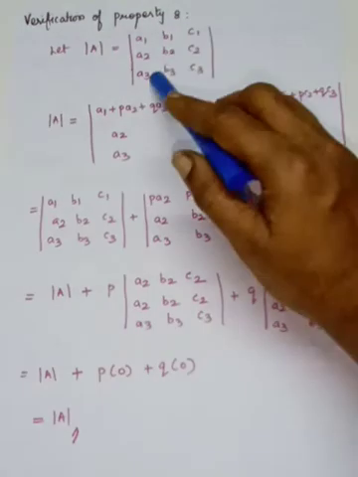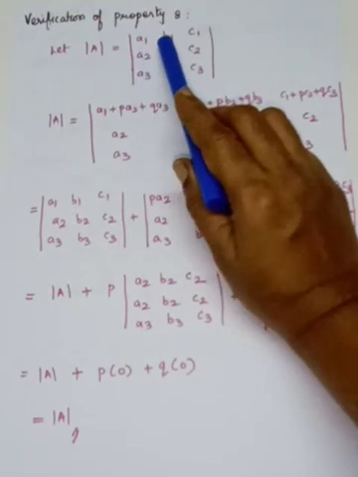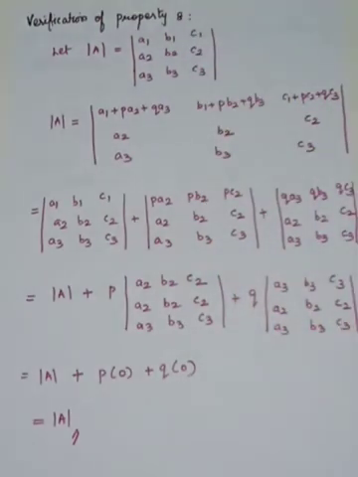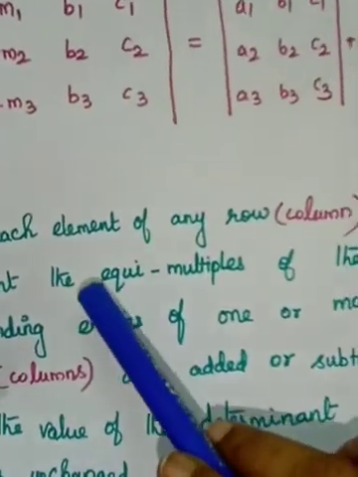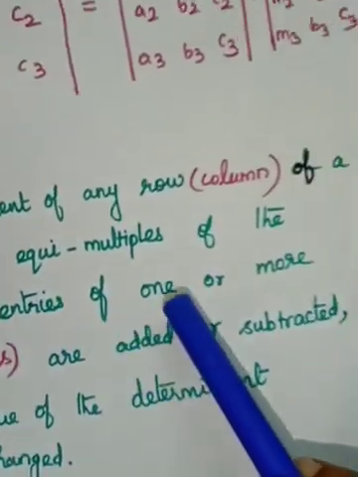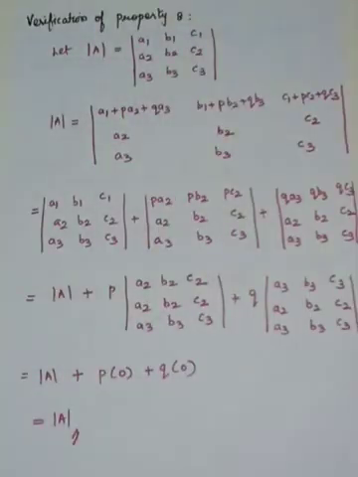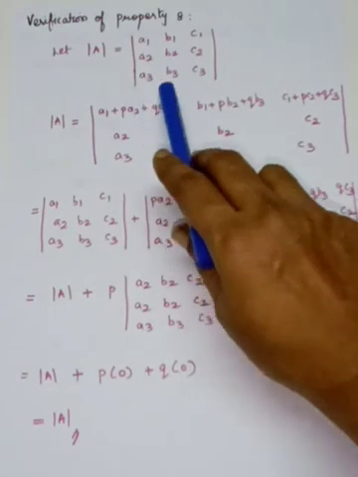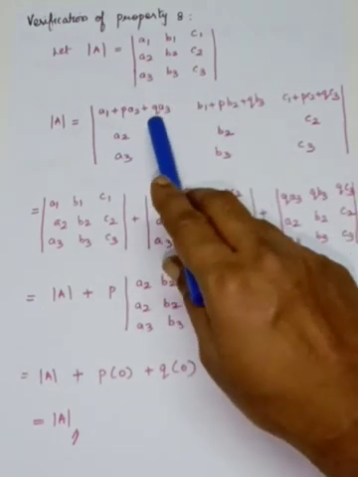So I'll consider each element of R1, that is A1, B1, C1. It is to each element of any row, the equi-multiples of the corresponding entries of one or more rows. See that here in the second row and the third row, I am going to multiply with the scalar p and q.